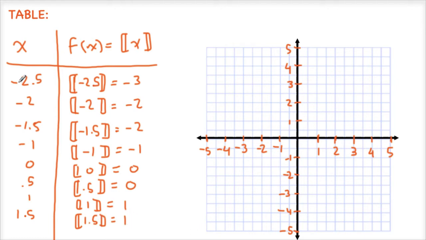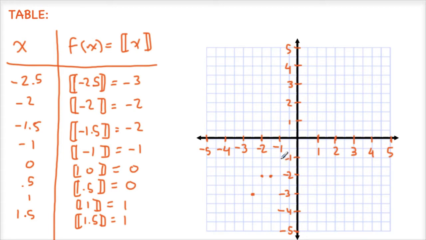So now if I plot all these points, -2.5, -3, that would be down here. -2, -2 is right here. -1.5 at -2, right there.